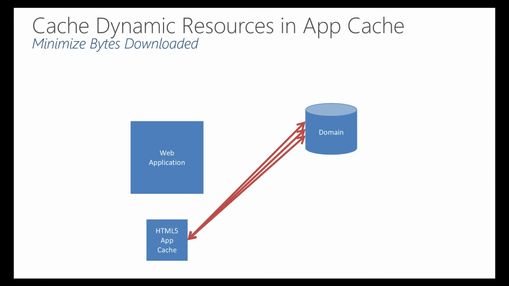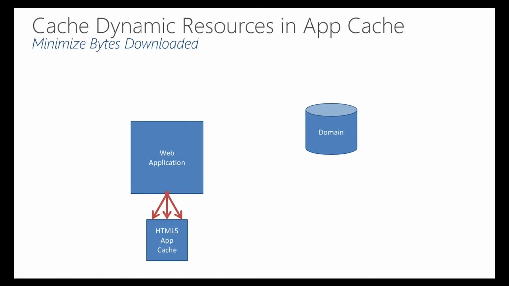So you could use app cache to save it, and then it doesn't matter if it's online or offline, it could feed those resources into your web page. This is really good, especially when you're offline.